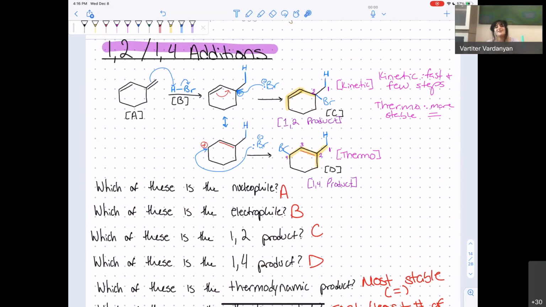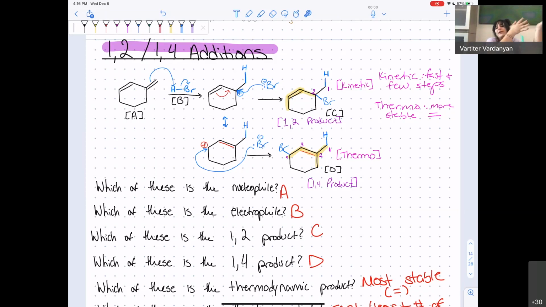The 1,4 product is when they are farther away from each other. In these kinds of examples, the kinetic product is the one that happens in the fewest number of steps, and the thermodynamic one is the one that has the most stable double bond. So in this example, the 1,2 product is kinetic and the 1,4 product is thermodynamic.